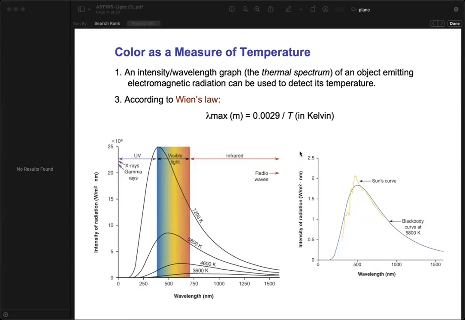The way we do that is by using Wien's law. Wien's law is lambda max is equal to 0.0029 over temperature in Kelvin. So when we want to do that calculation, we change it up a little bit.